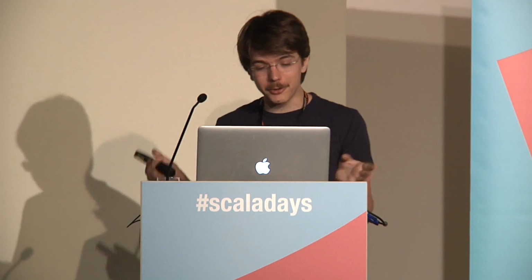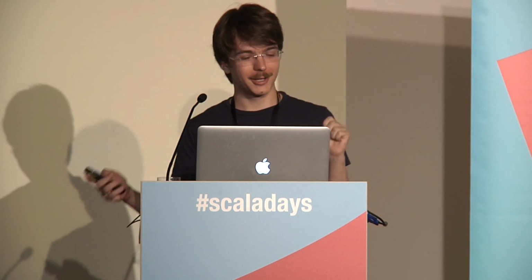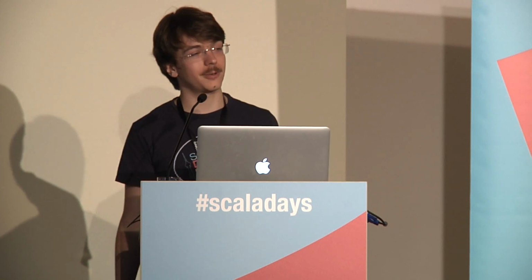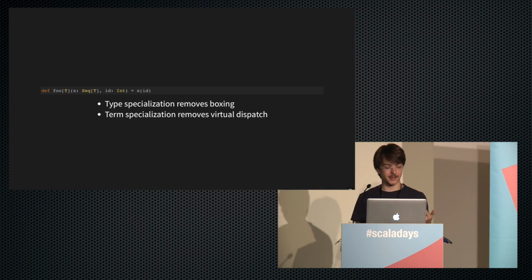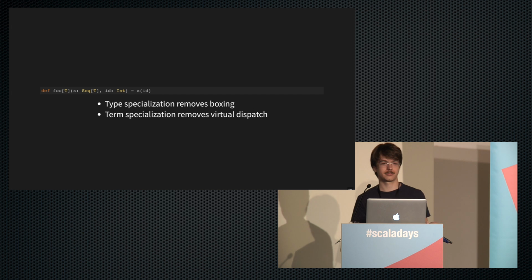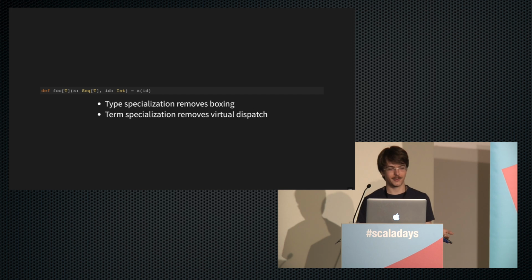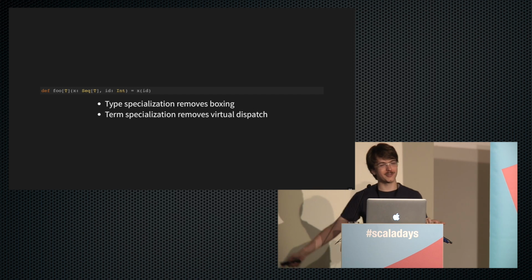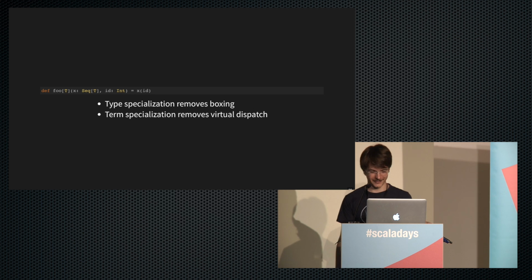Well, there's not much distinction between types and terms in Dotty for this particular use case. And if specialization for type arguments means removing boxing, when you specialize for term arguments, you remove virtual dispatch. And that's awesome. I'll show a benchmark later which proves it's awesome.